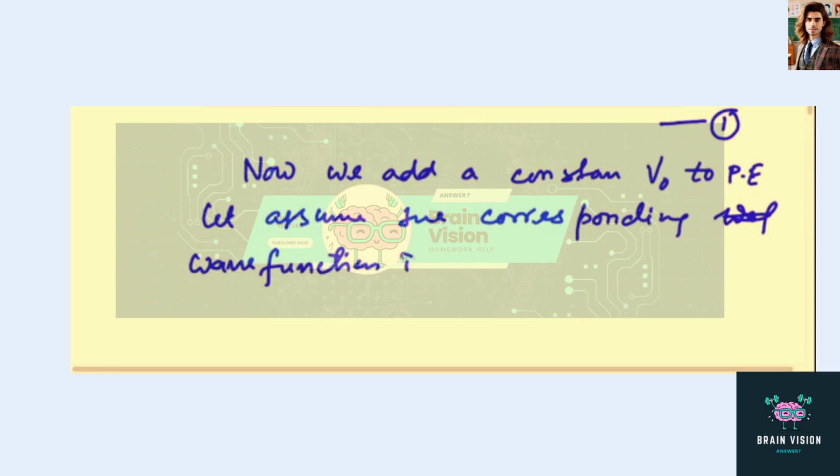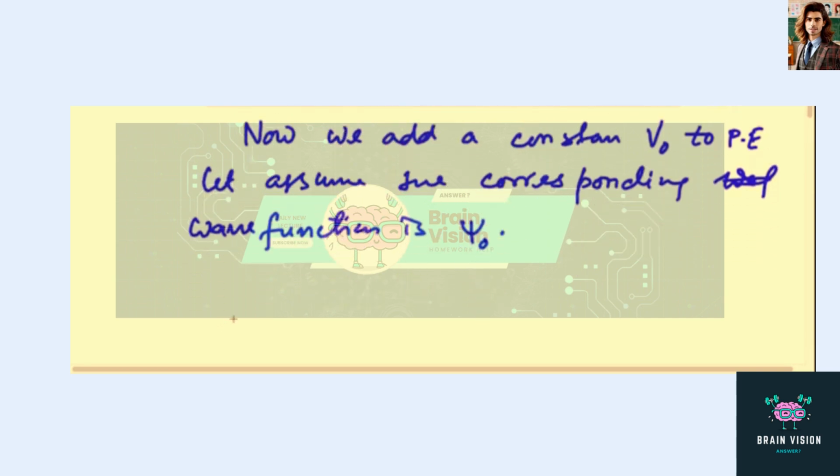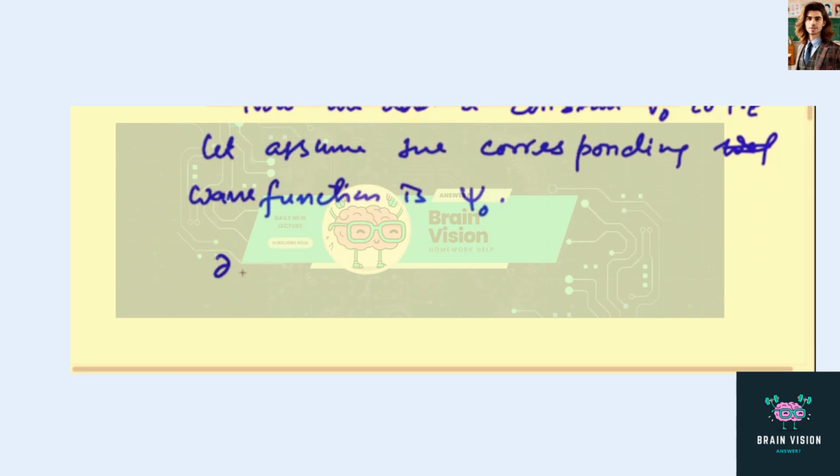Then we will write the Schrodinger equation again, that is del psi naught by del t is equal to i h bar by 2m.